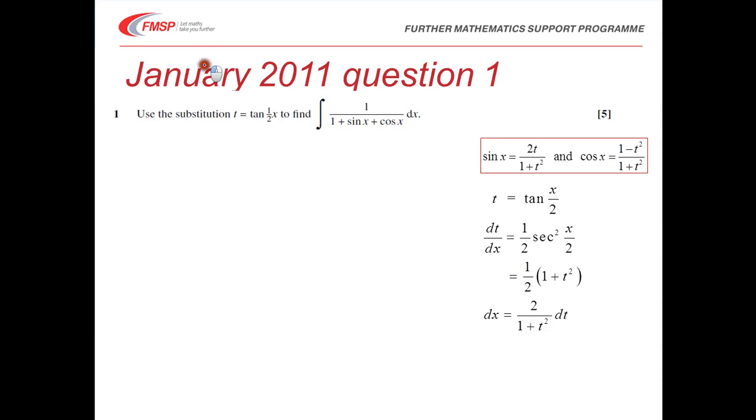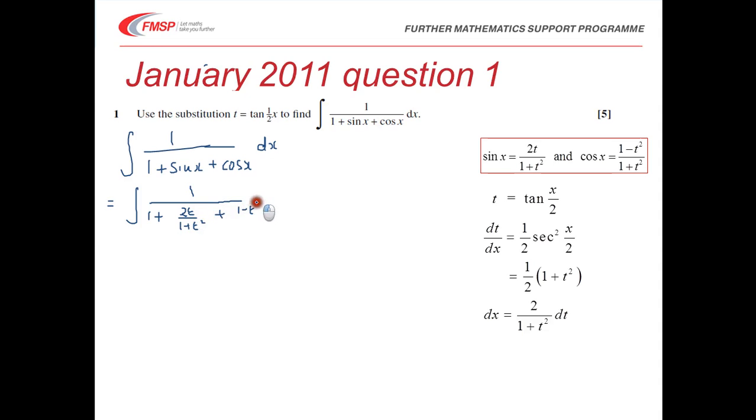So that is the information that we need to start with. So let's just see now how we're going to actually do this. So we've got the integral of 1 over 1 plus sin x plus cos x integrated with respect to x, and now we're going to make the substitution, and so I'll put in 1 is alright. sin x is going to be 2t over 1 plus t squared, and cos x is going to be 1 minus t squared over 1 plus t squared.